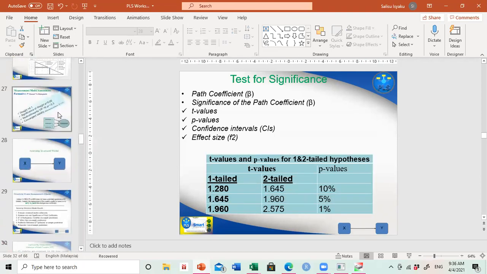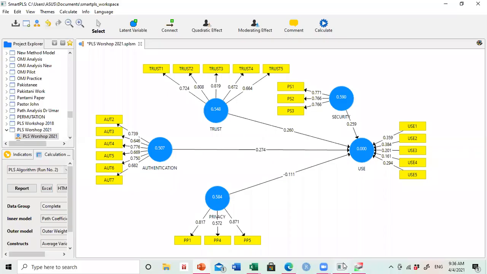So let's go back and see. This is the model, and these are the items. We want to know whether each of these is greater than 1.64. If we run the test of significance, we expect them to be greater than 1.64. If it's less than 1.64, meaning the second assumption is not achieved, then you have to think otherwise.